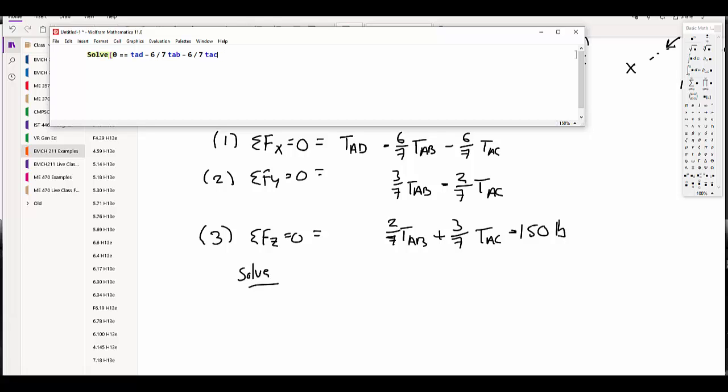And 0 is also equal to, I'll do this with a list of equations. I'll do it a little bit differently. And equation 2, 0 is 3/7 TAB minus 2/7 TAC. And equation 3, 0 is equal to 2/7 TAB plus 3/7 TAC minus 150.